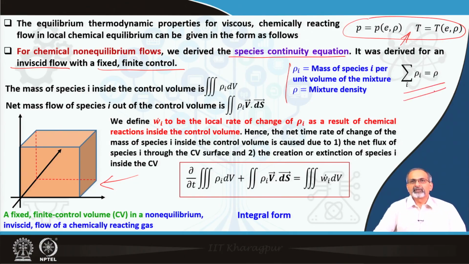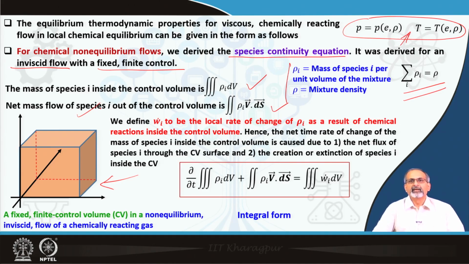Summing rho i gave us the mixture density, and then we considered the mass of species i inside the control volume through the volumetric integral rho i dV, the net mass flow of species i out of the control volume through this surface integral rho i V dot dS, and we defined rho w i dot as the local rate of change of rho i as a result of chemical reactions inside the control volume.